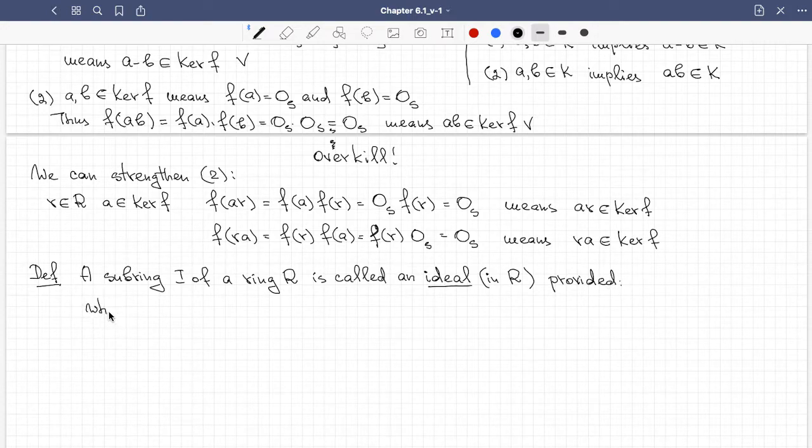whenever r is an arbitrary element of the ring and a belongs to the subring, then ar belongs to the subring and ra also belongs to the subring.